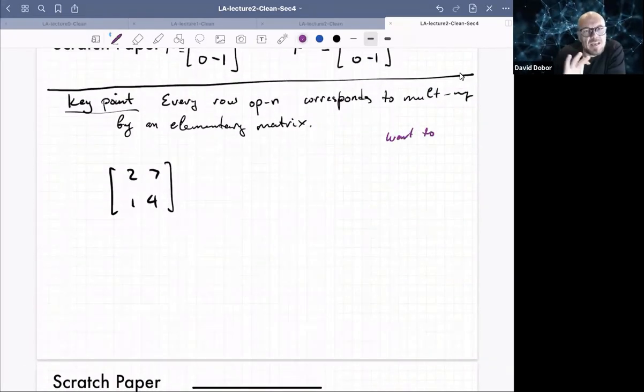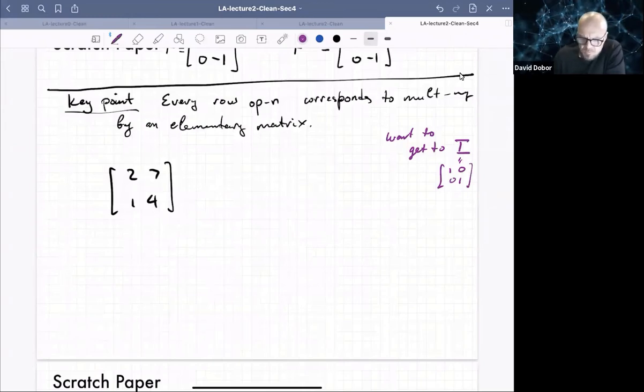So we're doing nothing new other than doing row reductions, only this time we're actually writing down those elementary matrices that correspond to the elementary row operations. Okay, I want to get to I, which is this. So how about step one?